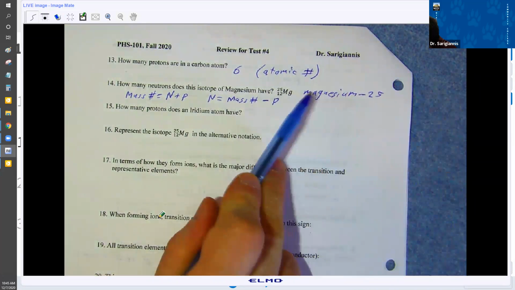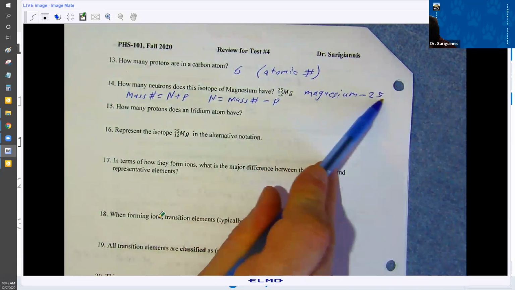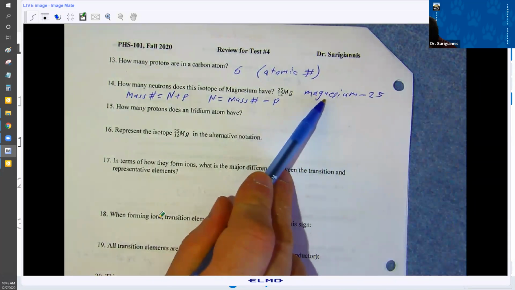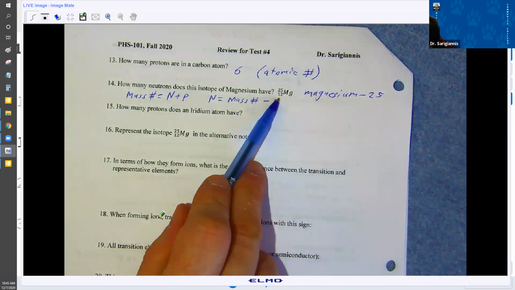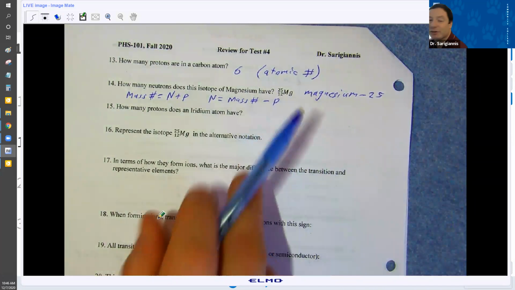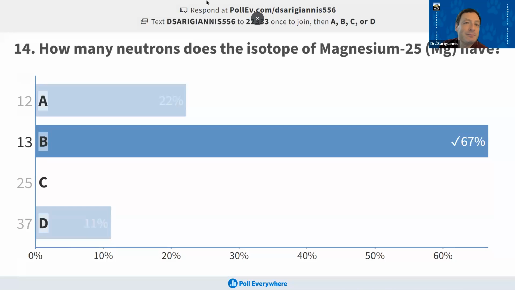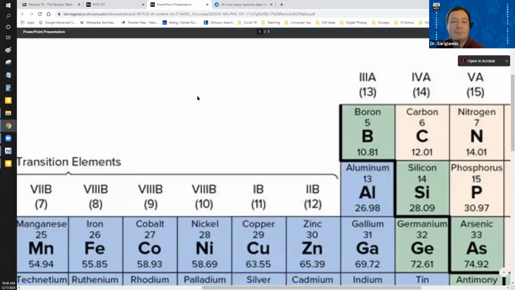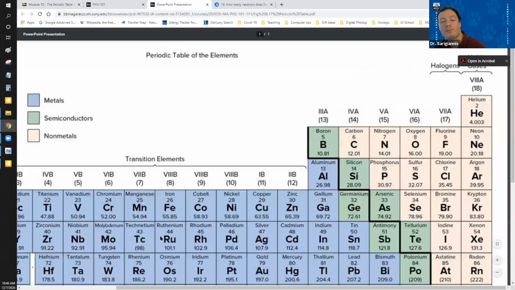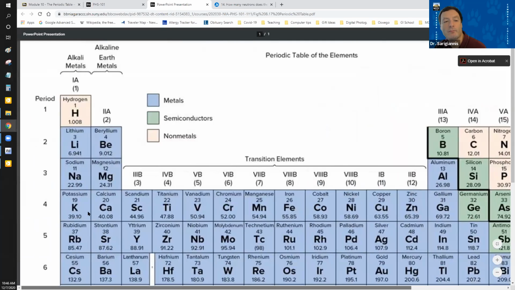The atomic number, the number of protons, is implied here by knowing the element magnesium. Magnesium has 12 protons. So if you go to the periodic table, magnesium has atomic number of 12.